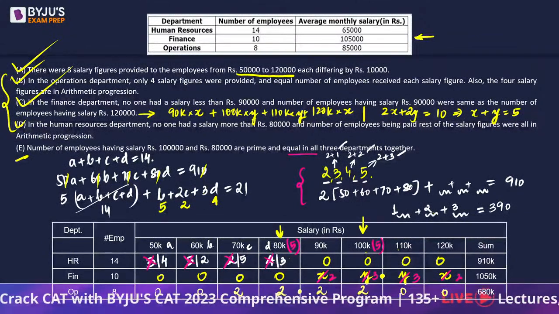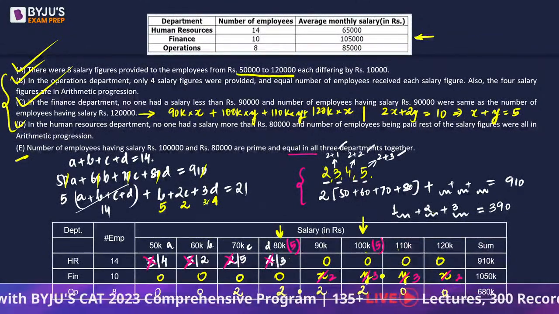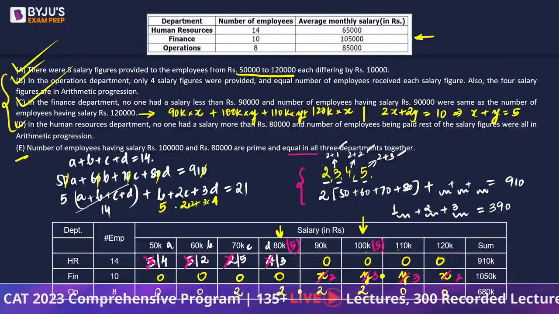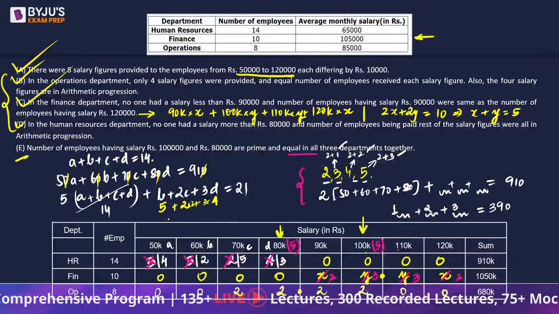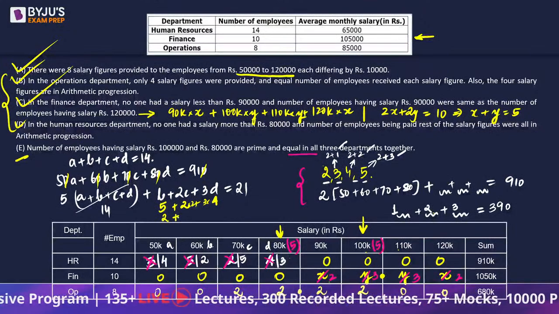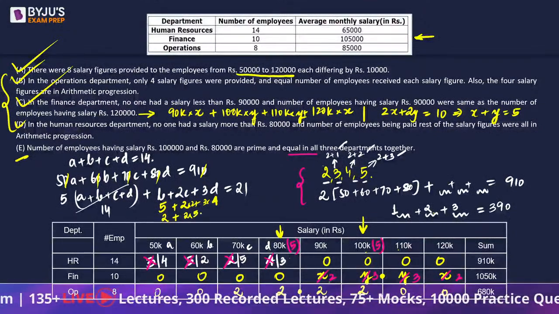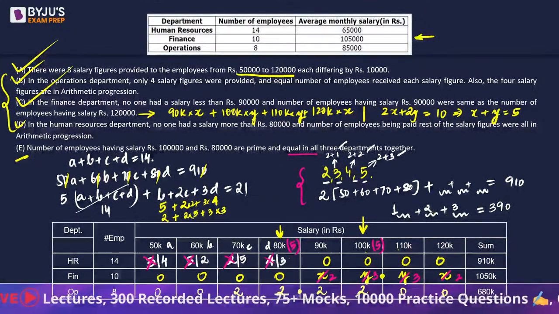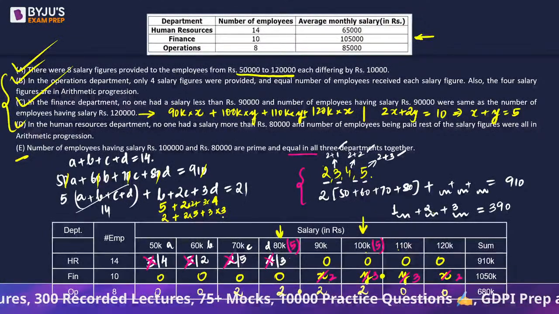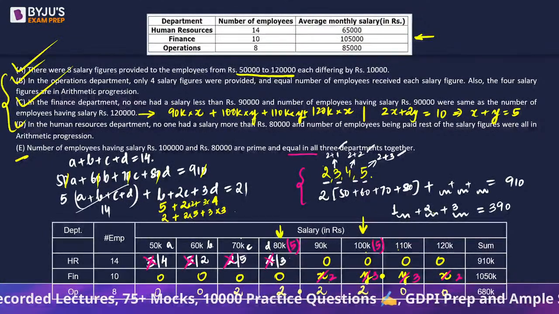Okay? 4 into 3 is 12 plus 2 into 2 is 4 plus 5 is 21. The other possibility is B is 2, C is 5 and D is 3. 5 into 2 is 10, 10 plus 9 is 19, 19 plus 2 is 21.